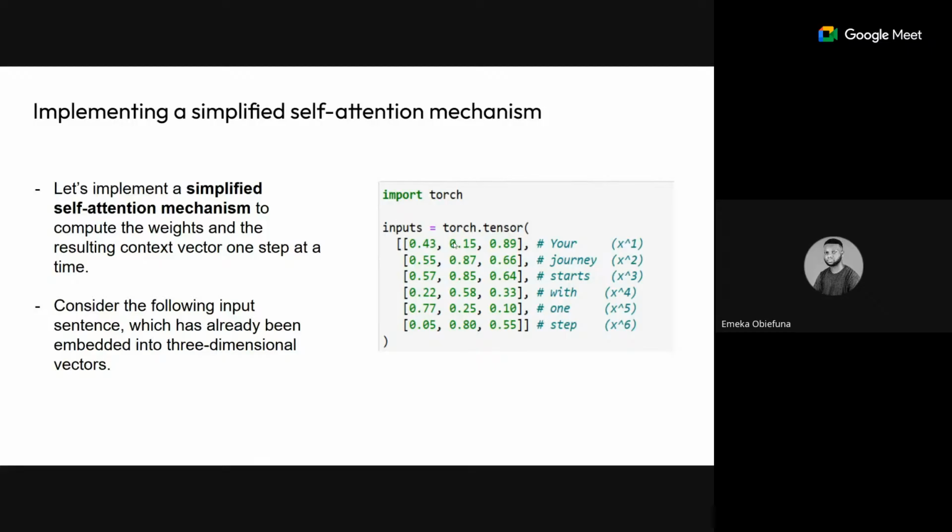Just assume that this is the input vector for Johnny, this is the vector for "your," this is the input vector for "starts," etc. So what you are seeing here is your input sequence: "Your Johnny starts with one step." That means we have x1 to x6, and each of these input words or tokens has its corresponding vector.